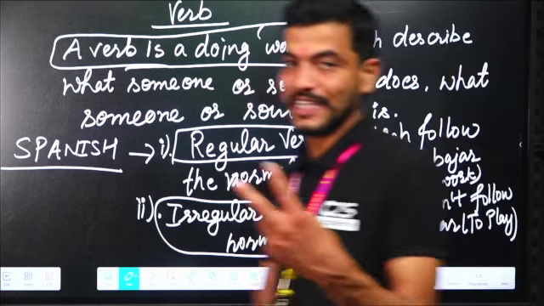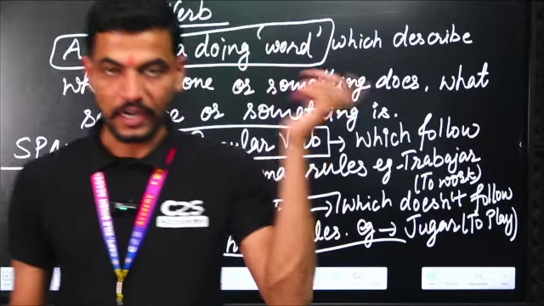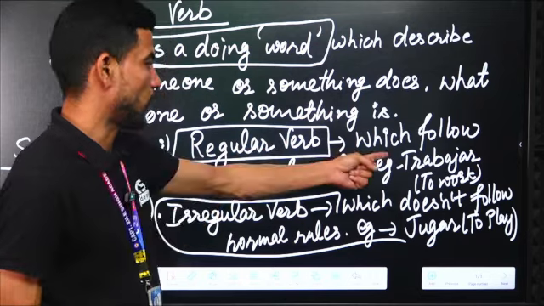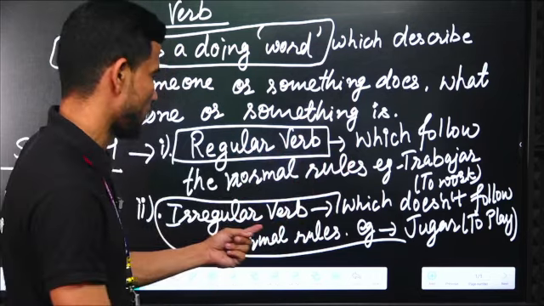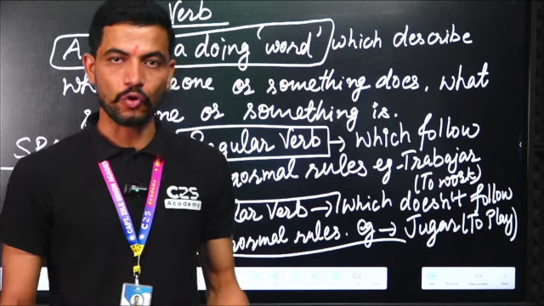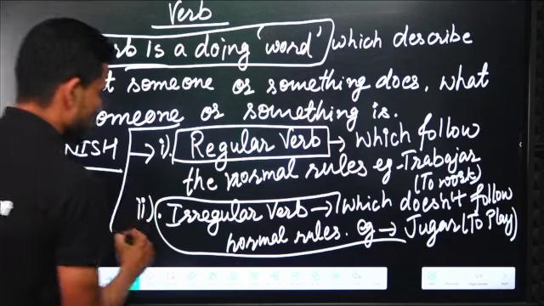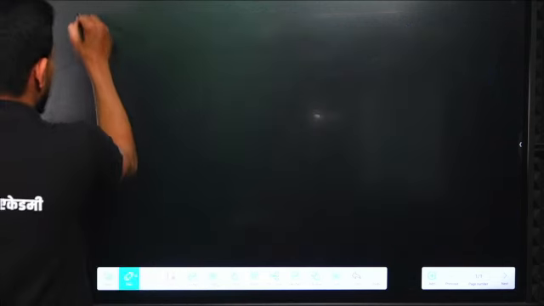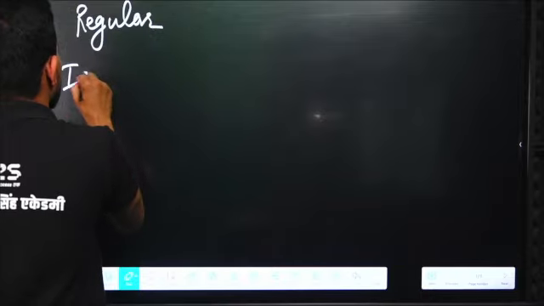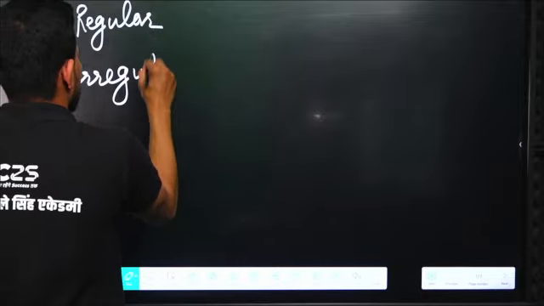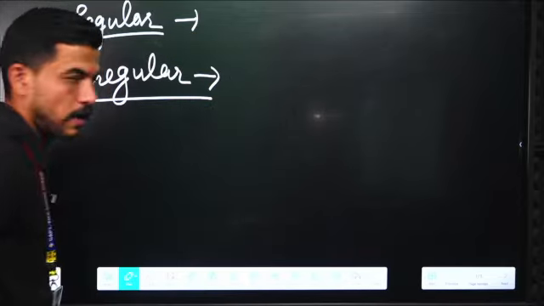So basically in Spanish two types of verbs are there. First is regular. Regular verbs are the verbs which follow the normal rules. Second one is irregular. Irregular verbs are the verbs which don't follow the normal rules. So these are the two types of verbs in Spanish: regular, irregular. And what is a verb?